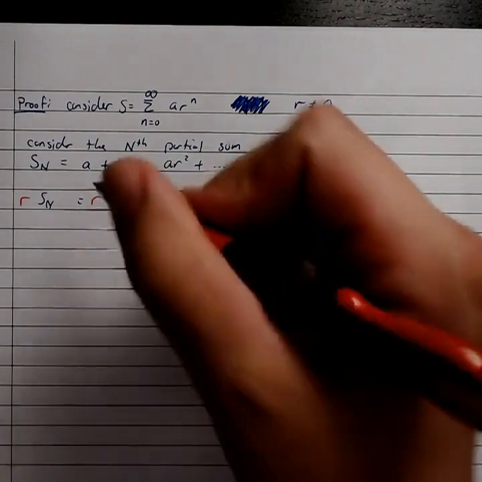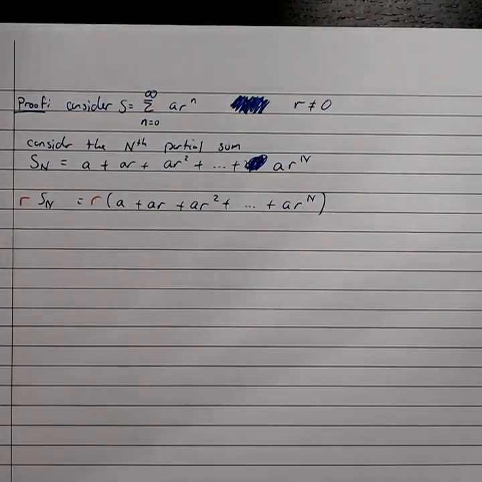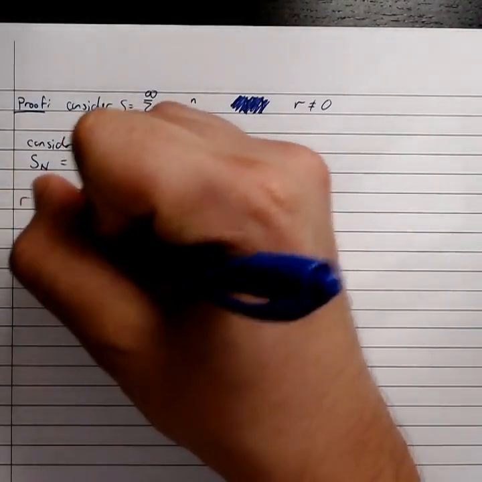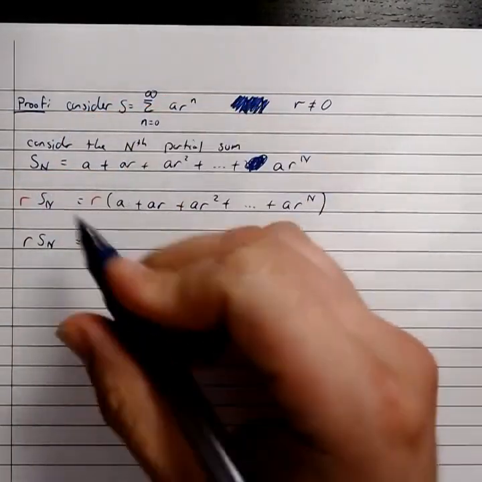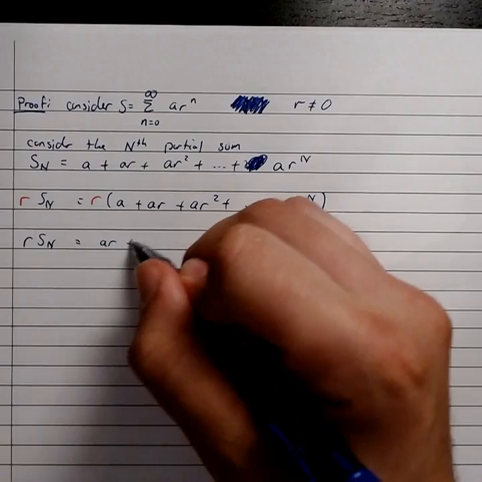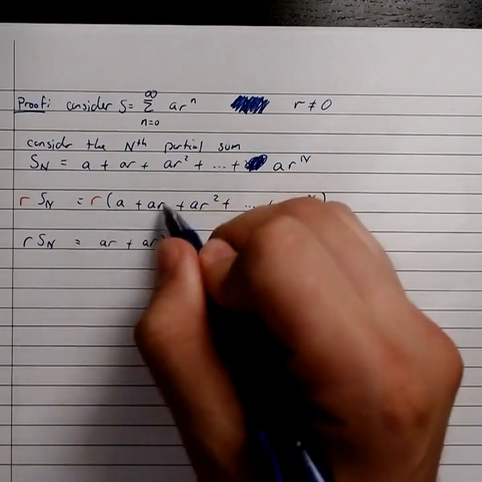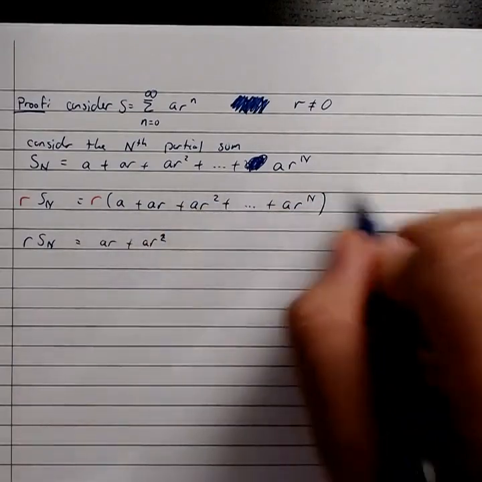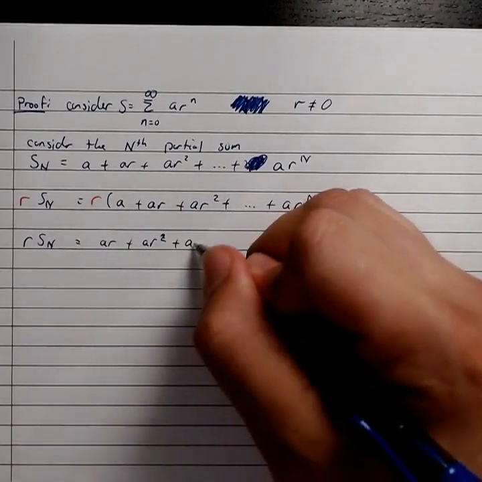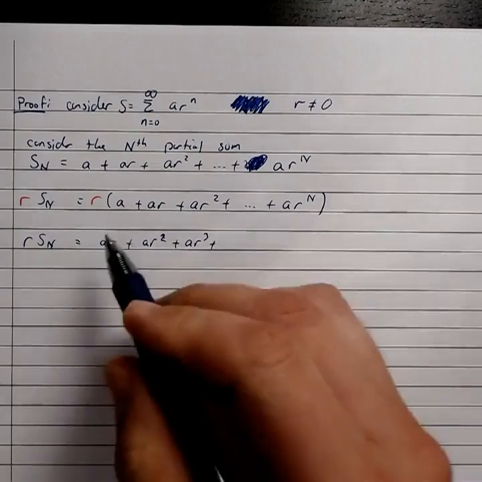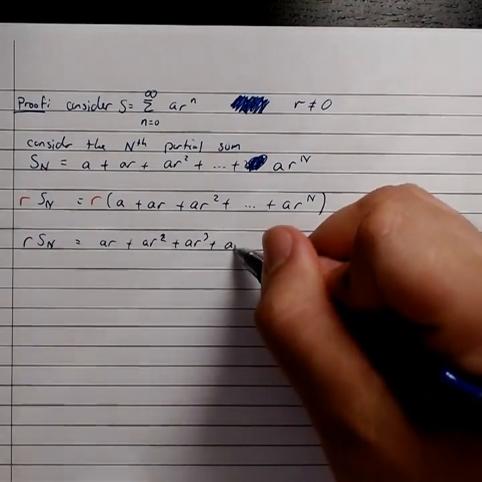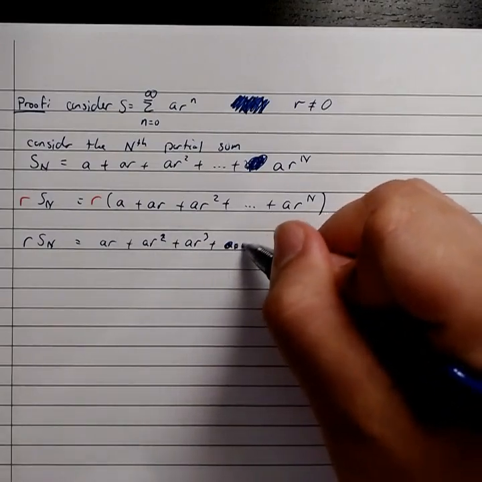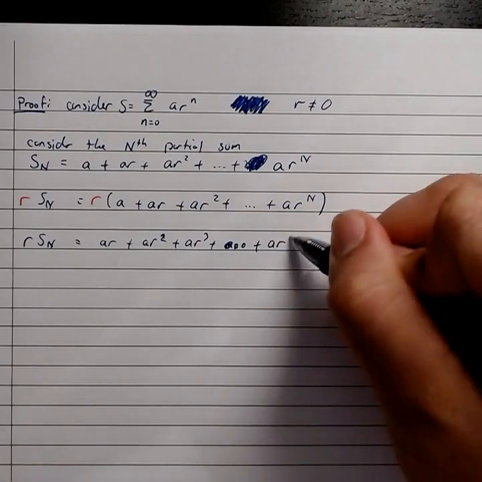So that's going to give me r s sub n is equal to ar plus ar squared once I distribute there. And then the next one will be ar to the third, fourth, fifth, and so forth until I get to ar to the power n.